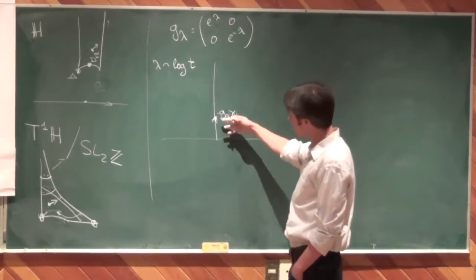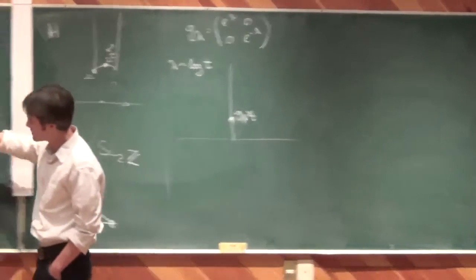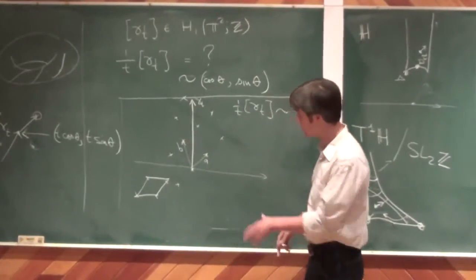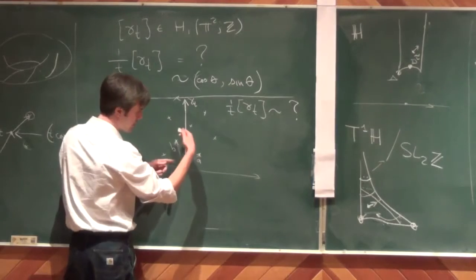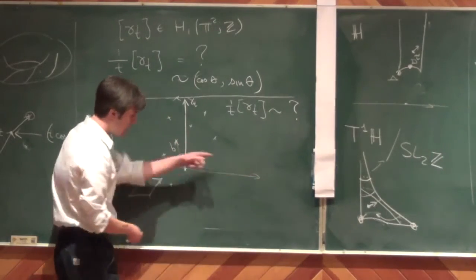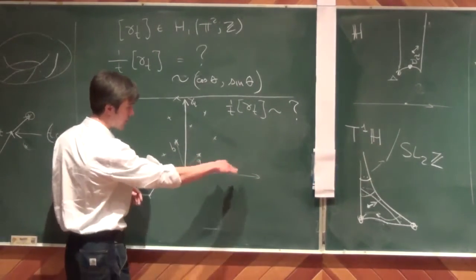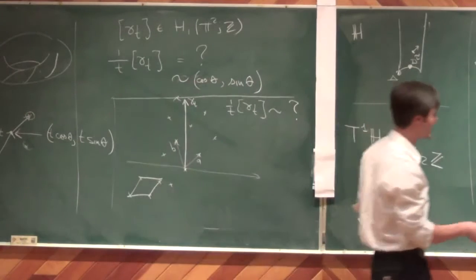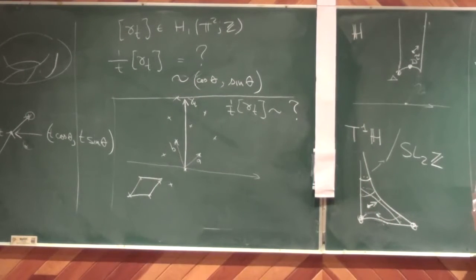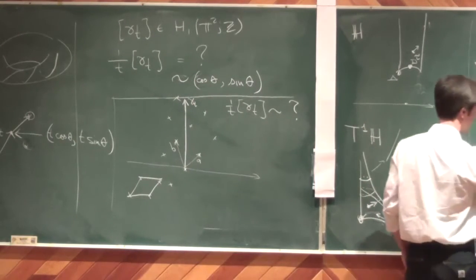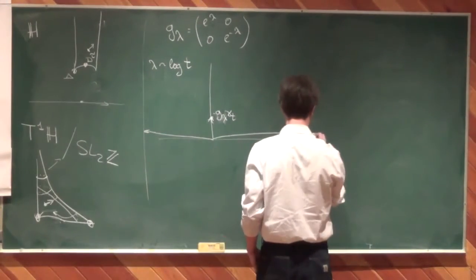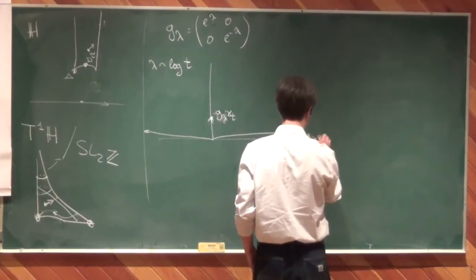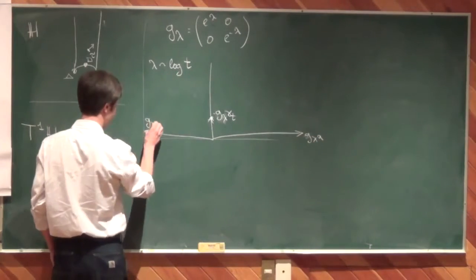But this seems nice, but the problem is that the basis vector has changed, and it has changed very dramatically because you've taken this vector and multiplied the x coordinate by e to the lambda, and the y coordinate by e to the negative lambda, and so these now look something like this. They're very distorted. So you have g_lambda of A, g_lambda of B.